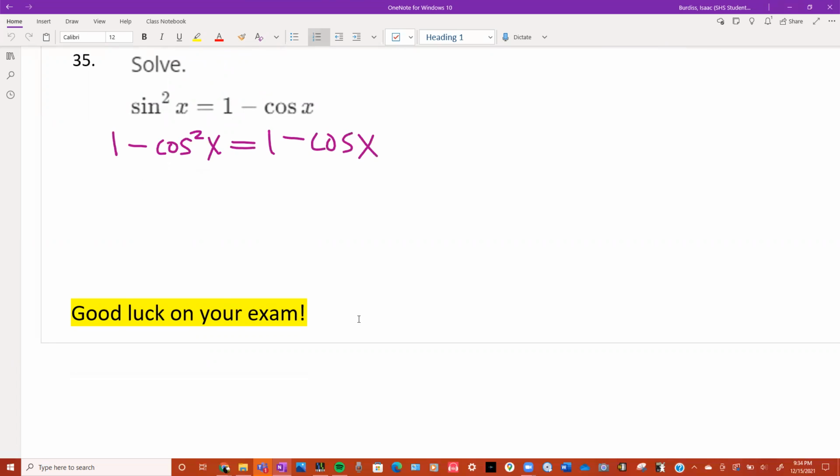So if we get everything on the same side, the ones would cancel out, and you can factor out a cosine x.